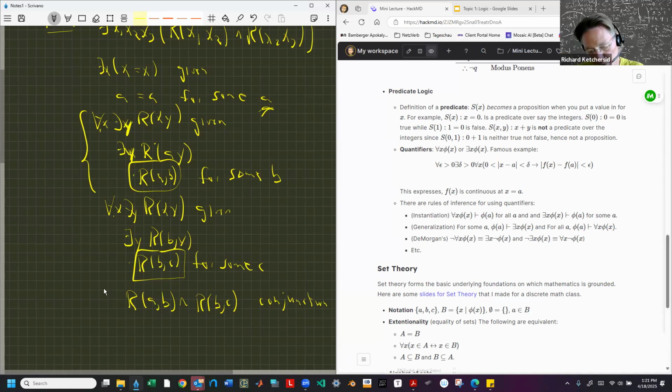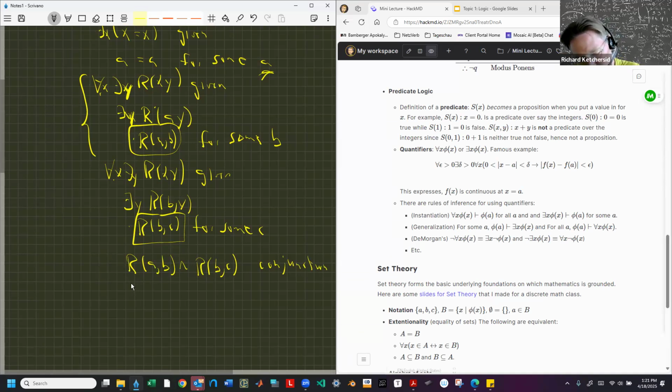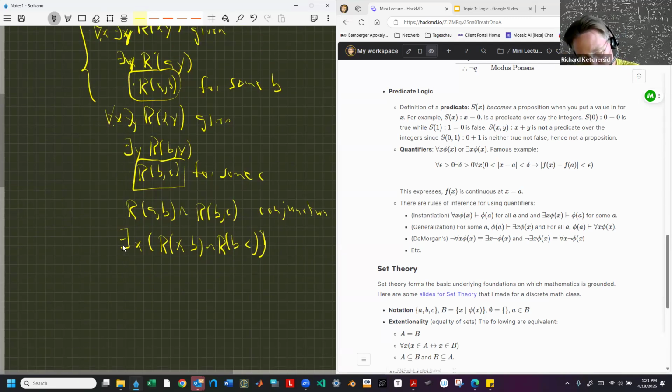Right? And then once I have this, I can start using generalizations, and I can say there exists an x such that R of xb and R of bc, right? So I can do that, right? And now I'm using the generalization, right? I'm going from a specific a to a there exists an x, right? And I can do there exists an x, and I can do it again, right?